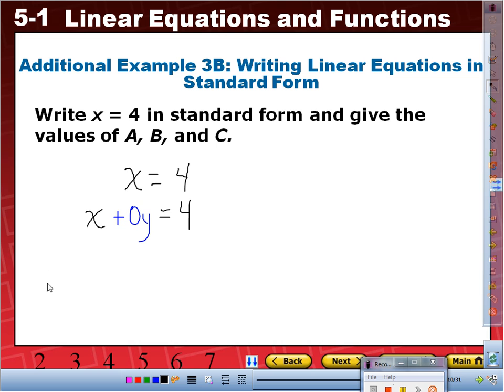Yes, so therefore, identify A, B, and C. Okay? So, let's see. Rhett, what'd you get?